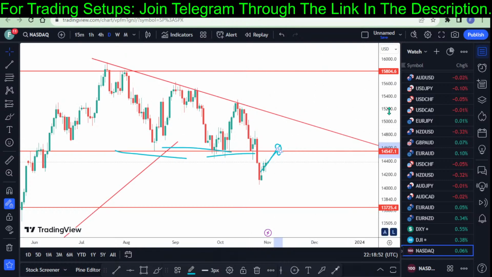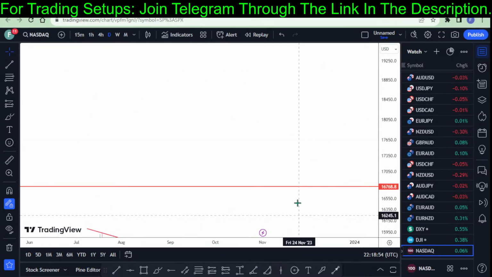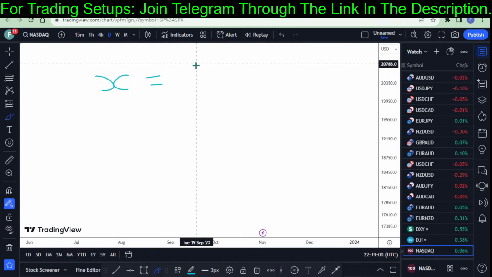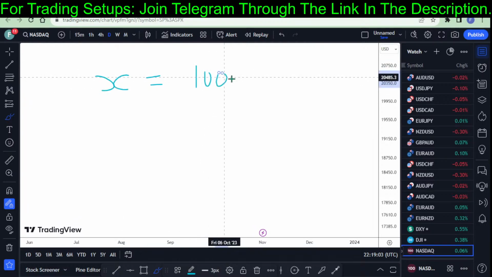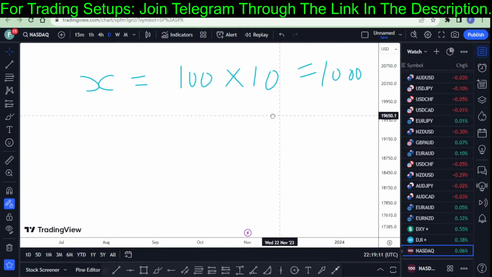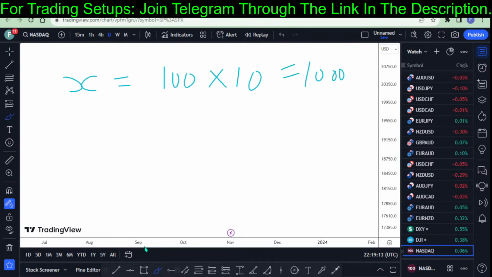For example, say you have good risk management, and on each trade you risk X, and your X is maybe $100 on each trade. You have 10 losing trades, which equals $1,000 lost.